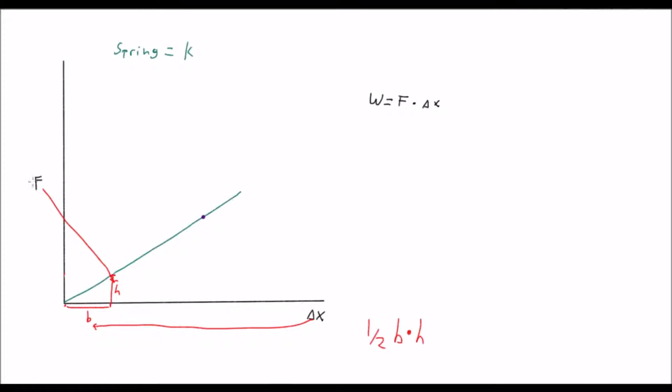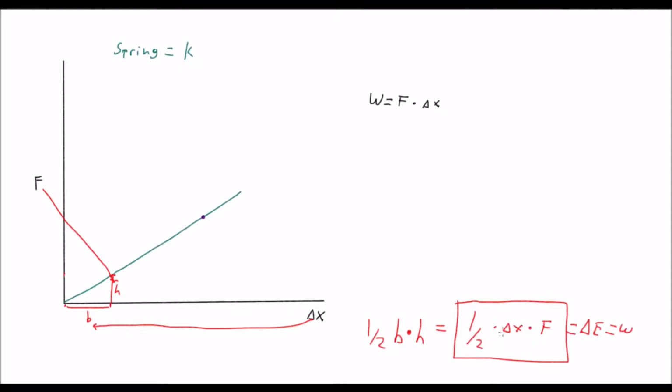Well, let's replace these letters. We know that force is the height, so that's equal to 1/2 delta x, the base, times force. And guess what? That's your formula. If I want to know the amount of energy used, so there's my delta E, and that should be a delta, not just an E. That's my delta E. That means this is also the work that I did.